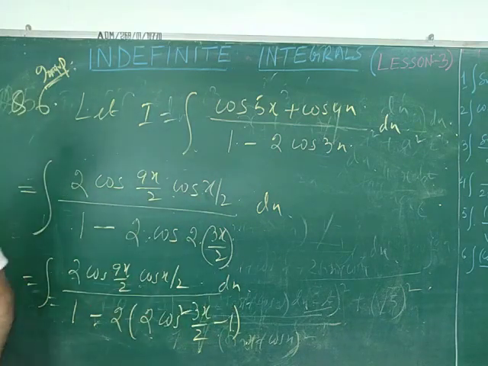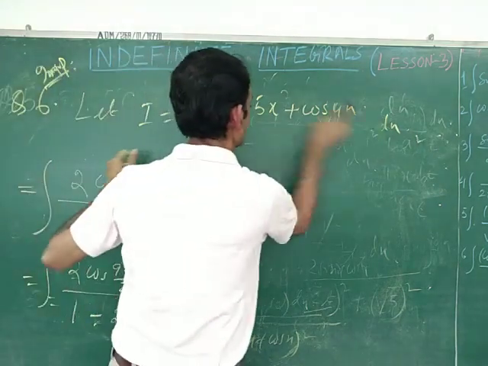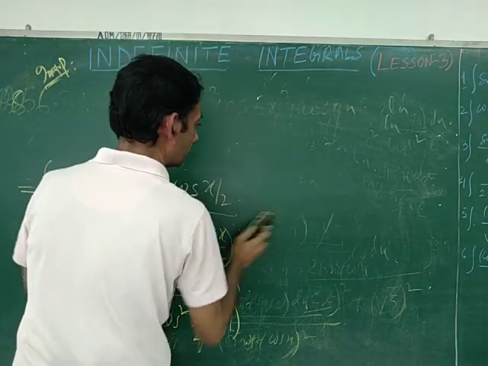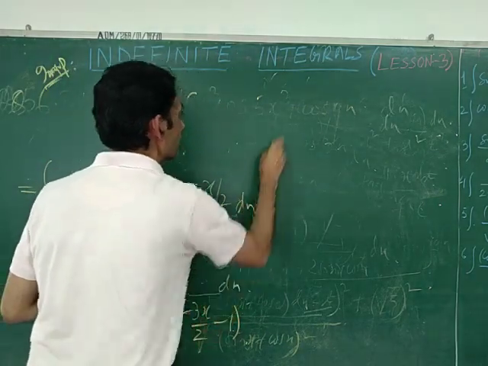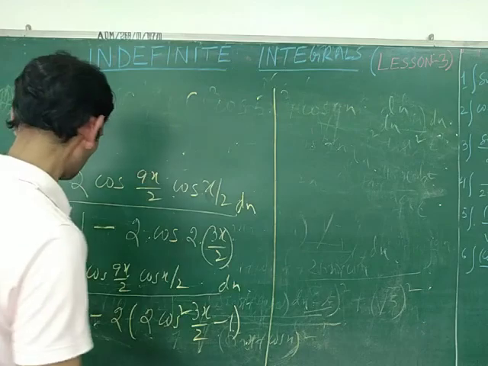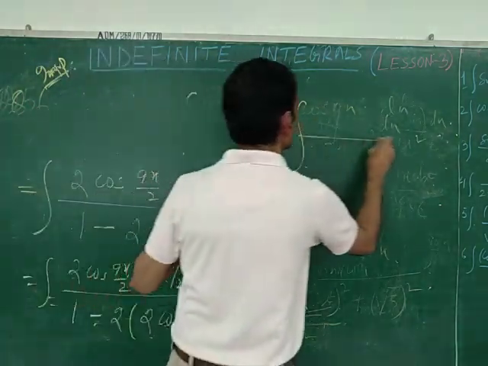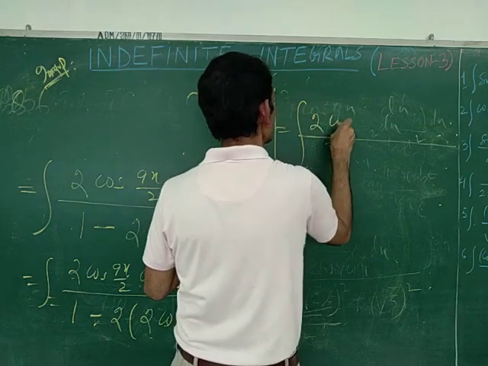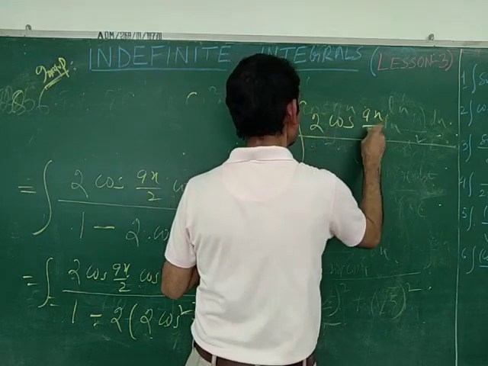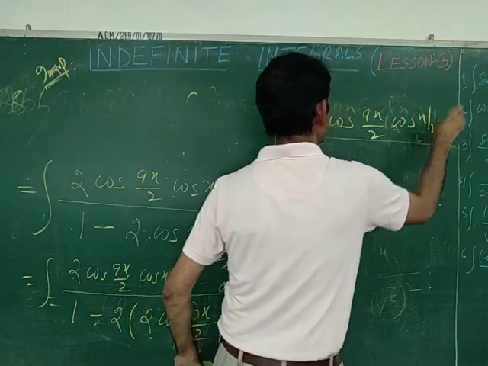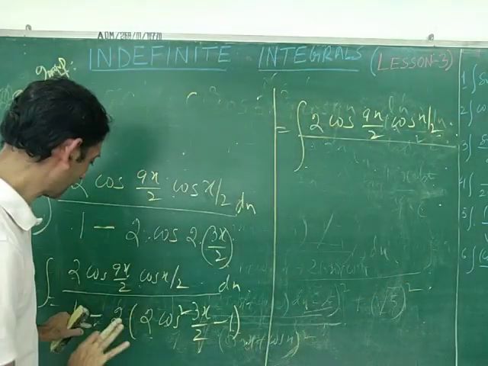So let's see what the next step is. The integration of the numerator we will keep as it is: 2 cos 9x by 2 and cos x by 2. Now what's the denominator?